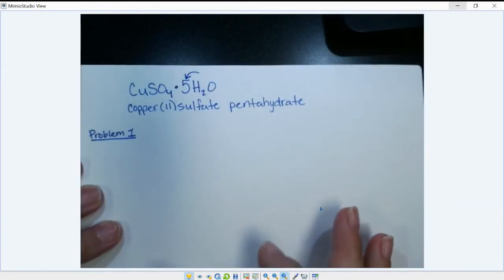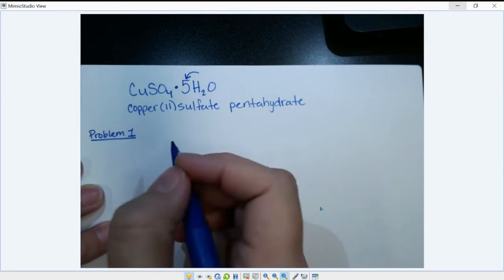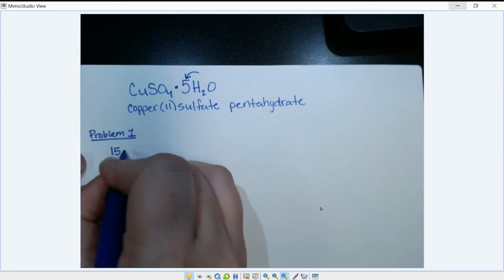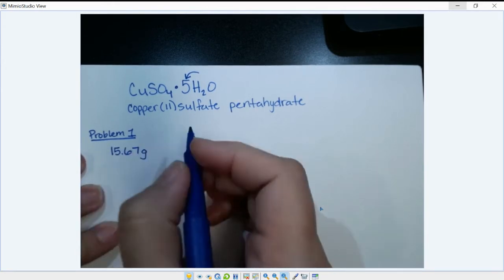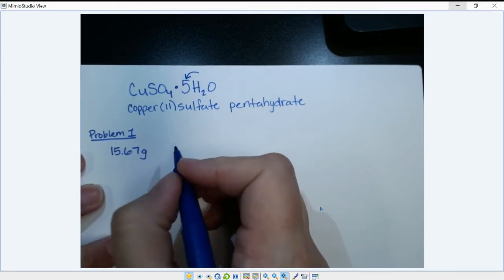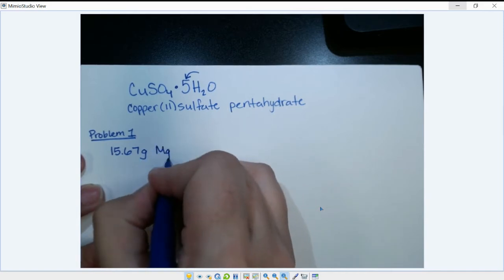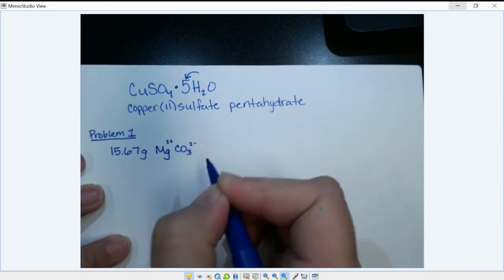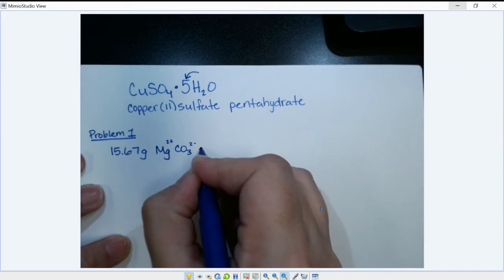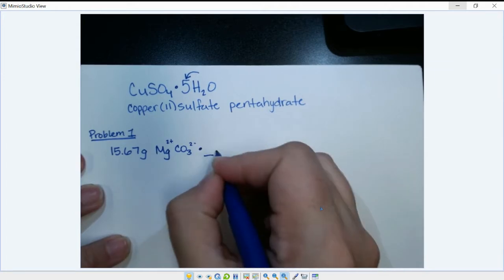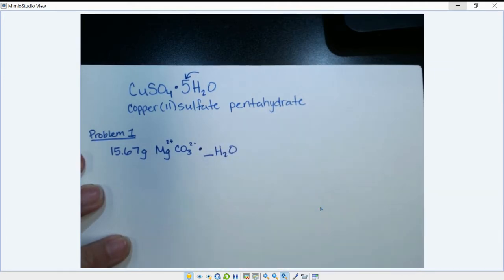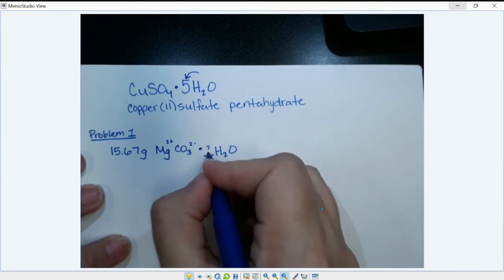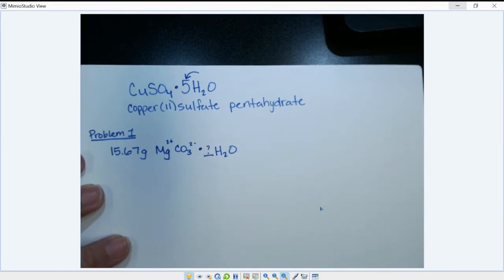So problem 1 says we have a 15.67 gram hydrate of magnesium carbonate. So this is Mg 2+, carbonate is CO3 2-, and it's some hydrate. We don't know what this number is, but it's a hydrate, so it's got an H2O. This is our unknown. And we heat it up.